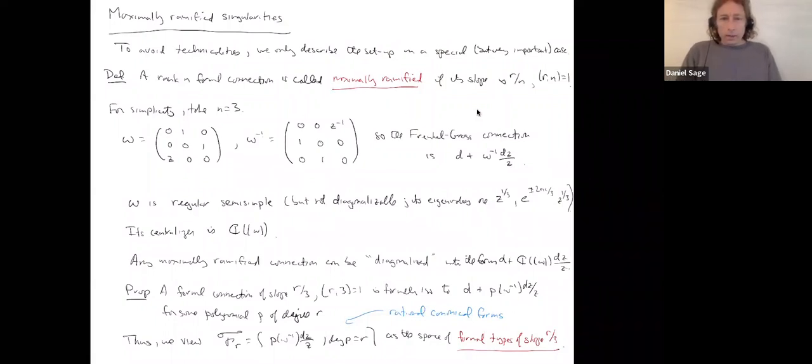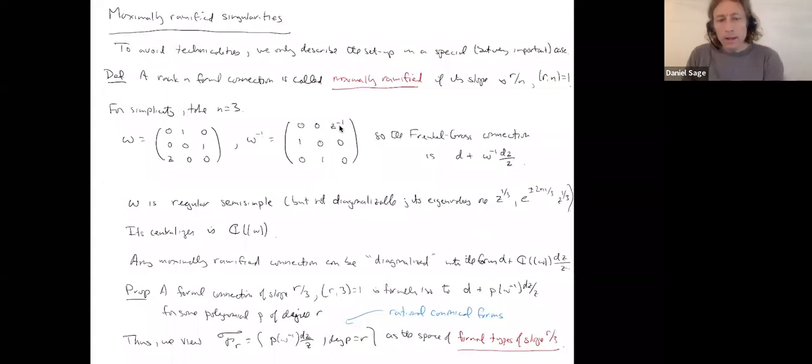A rank n formal connection is called maximally ramified if its slope is r over n. And we need r and n to be relatively prime for some technical reasons. So for simplicity, I'm just going to talk about n equals 3. And I'm going to write down this particular matrix omega. So omega inverse is the matrix of the Frenkel-Gross connection that I talked about earlier.